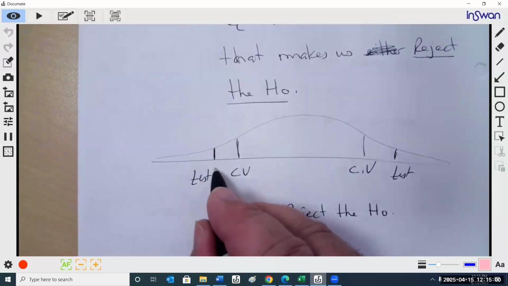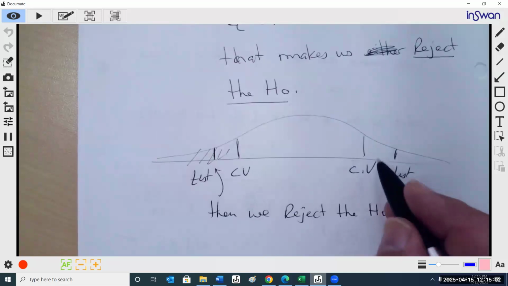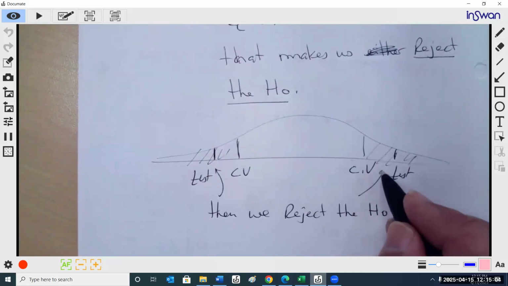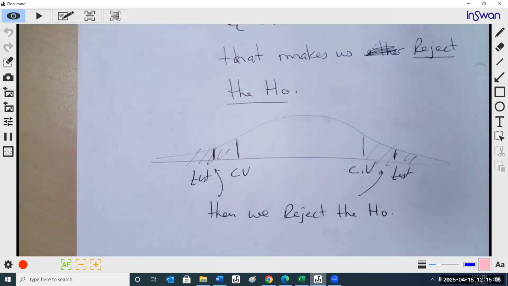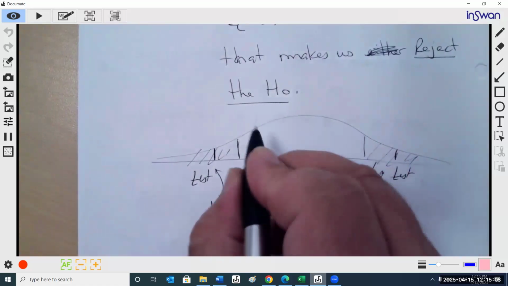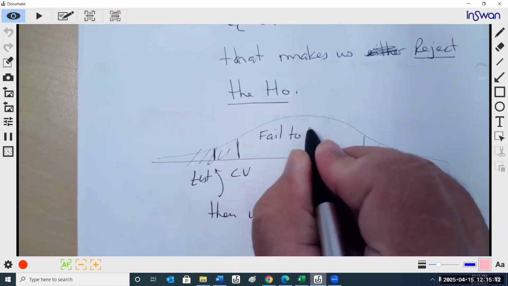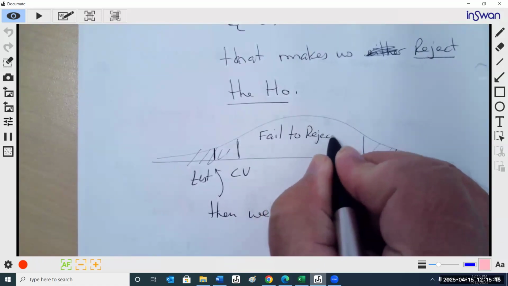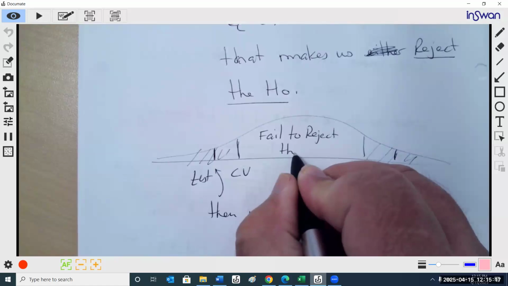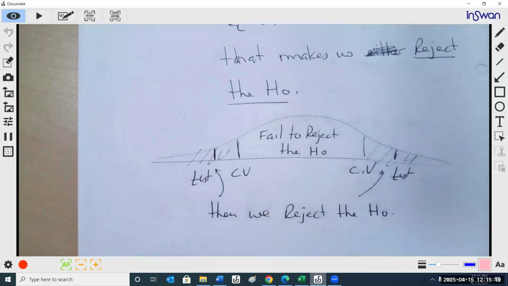So if it falls inside the critical regions, we reject the null hypothesis. If it falls inside here, we fail to reject the null hypothesis. It doesn't mean we accept it. It's just that we don't have enough information to determine one way or the other. We just cannot reject it.